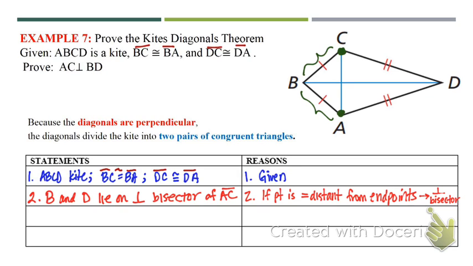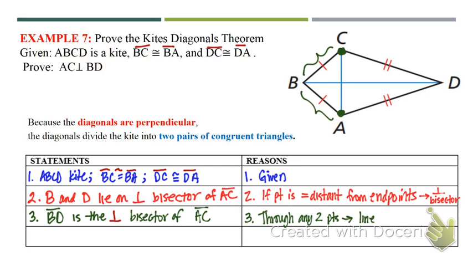Since BD lies on the perpendicular bisector, then we know BD is the perpendicular bisector, because through any two points there is a line. And then by the definition, we know it's perpendicular. Okay, so that was just proving the kite diagonal theorem.